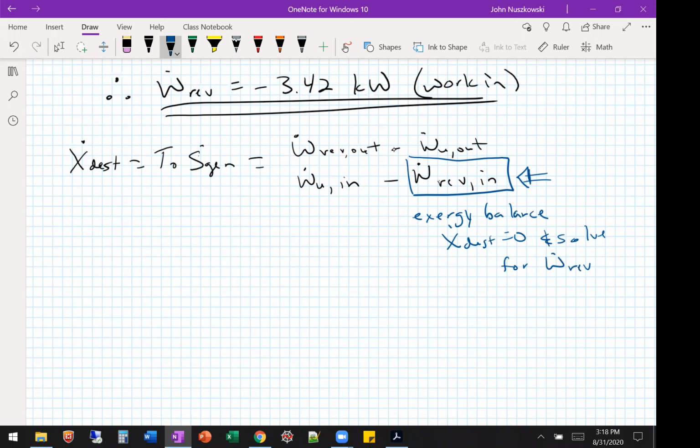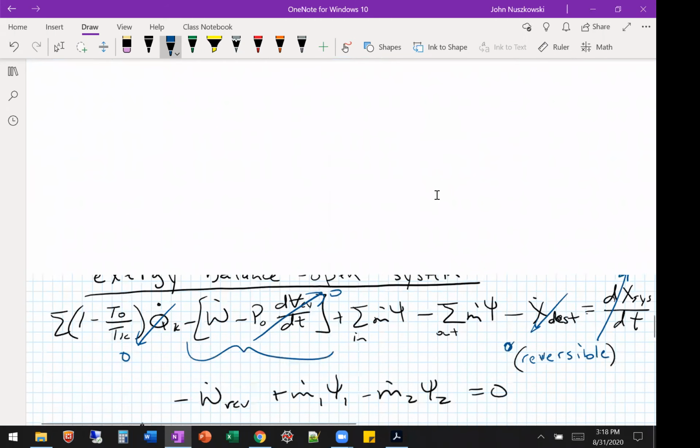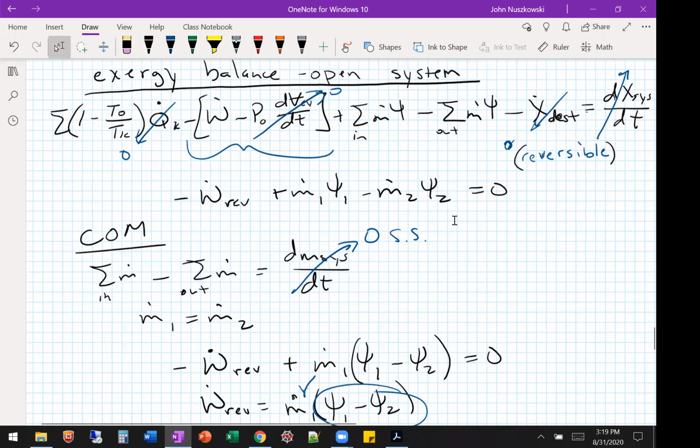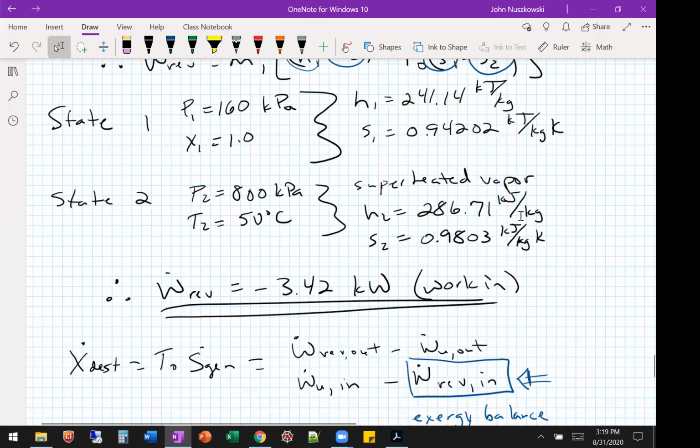How do we know if it's work in, not work out? Well, with this one, the device tells us. It's a compressor, so you're putting work in to raise the energy inside the fluid. At state 1, you have low pressure. At state 2, you have high pressure, higher temperature. You're going to increase the energy inside that state. The other way to know is when we solved for the reversible, we got this negative.